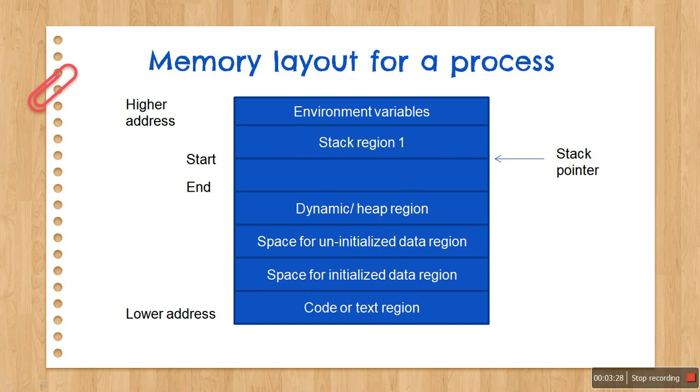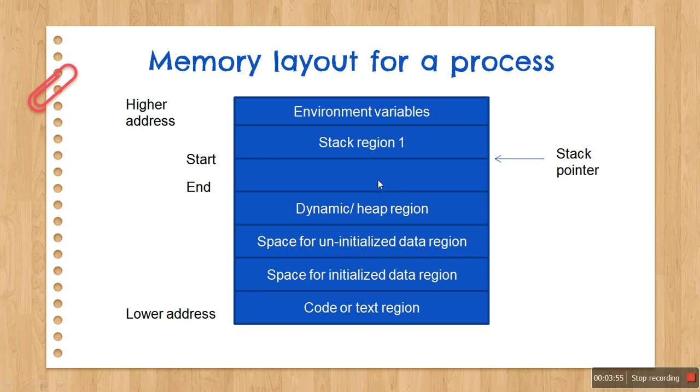The text region stores the code that the processor executes, and the data region stores variables and dynamically allocated memory that the process uses during execution. It can contain uninitialized or initialized data in the program. So that comes under the data region.